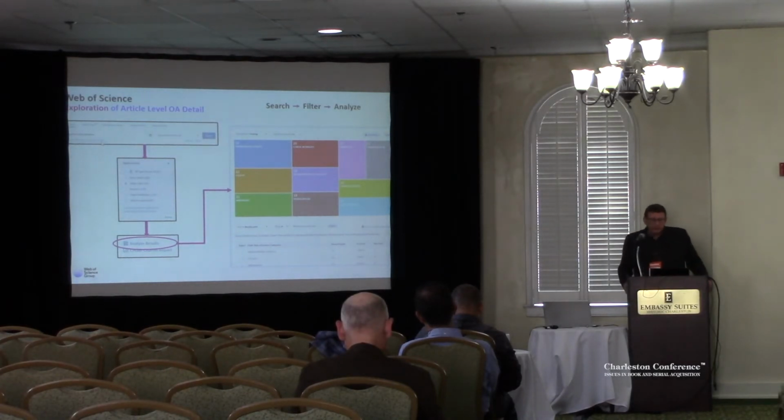My favorite feature in Web of Science is analyze results, because in minutes you can learn an awful lot about that body of information that you've just retrieved. And so it's a simple sequence of things. Search, filter, analyze results. In this case, I looked at University of Nevada, Reno, simple search on everything they've published, filtered on other gold, hybrid articles, and analyzed.